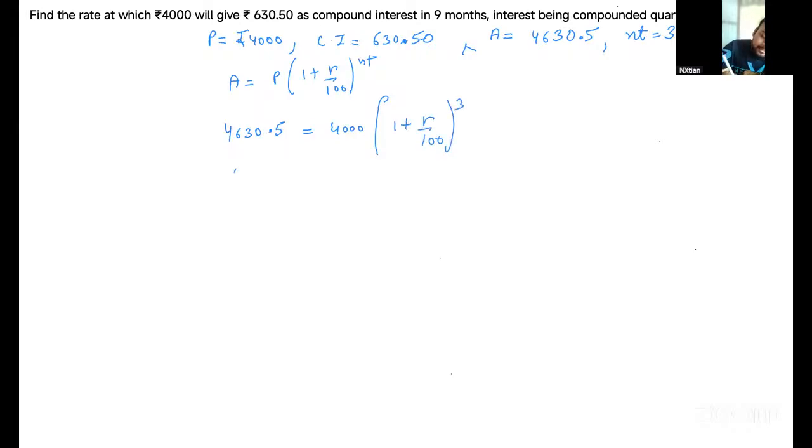So I will send this to that side: 4630.5 divided by 4,000 is equal to (1 plus R upon 100) cubed. Now, because the power is 3, I can take it in the form of a cube, but I have to solve it a little. So I will remove this point and a 0 will come automatically.